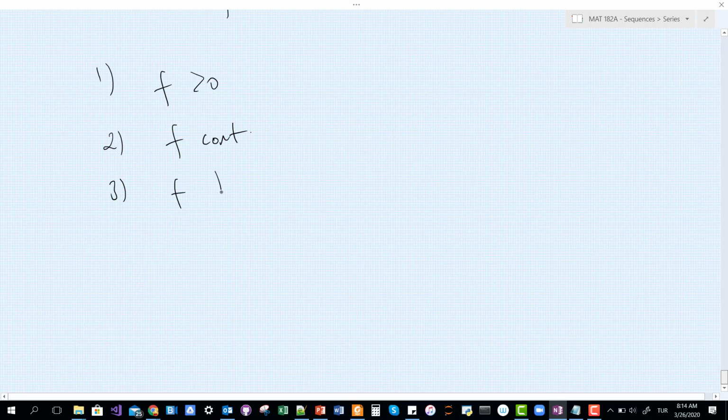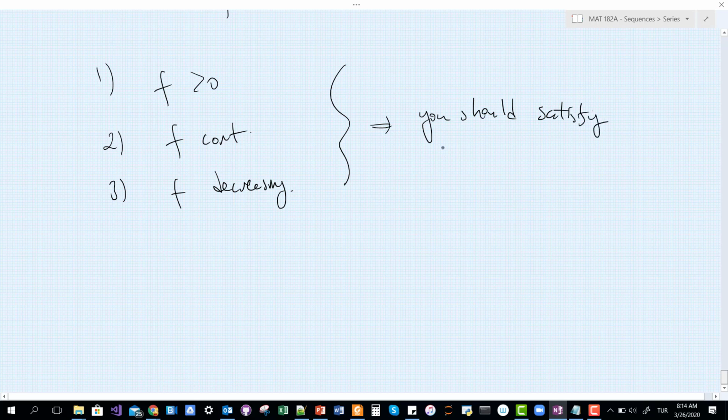And third, f should be a decreasing function. So if f doesn't satisfy one of these, you cannot use this test. You should satisfy these features for function f.